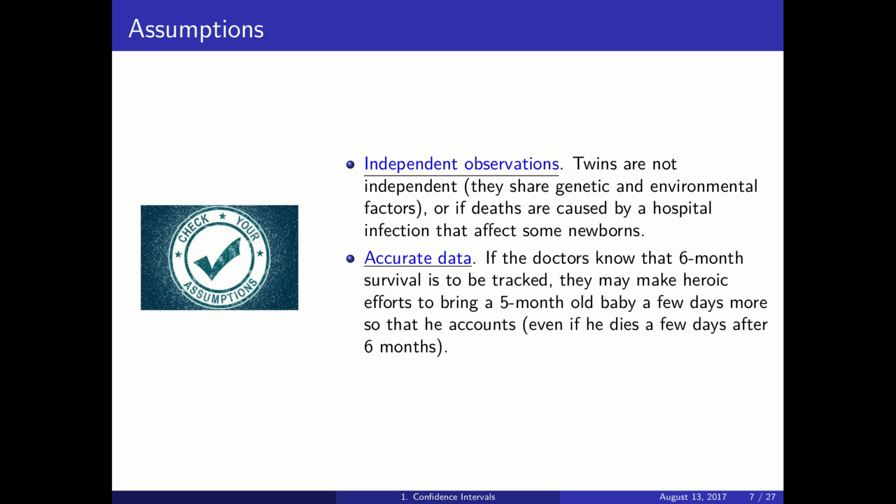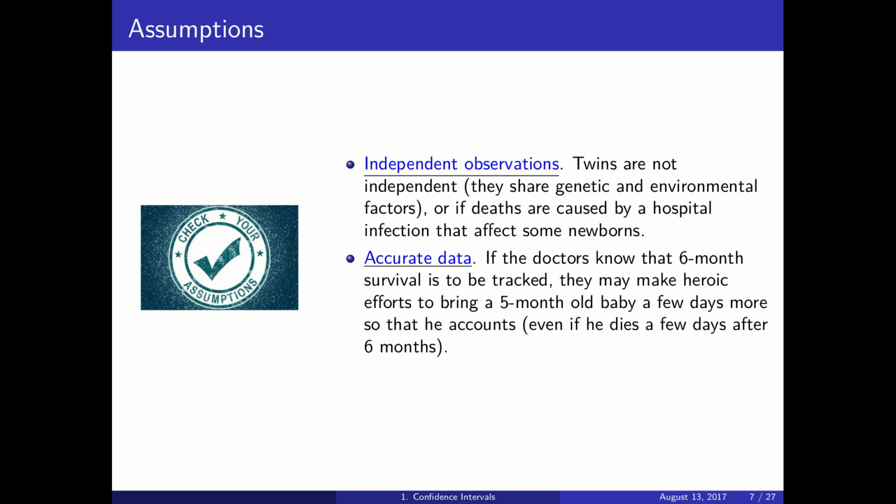We are also assuming that we have independent observations. So if two twins survive or two twins die, they are not independent. They share all the genetic background. They also share the environmental factors.